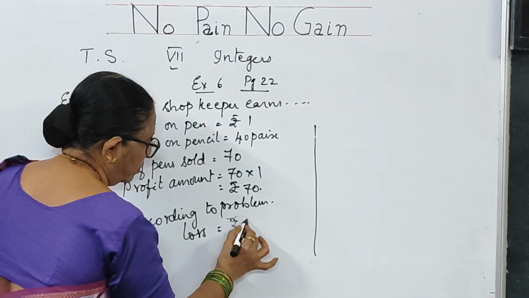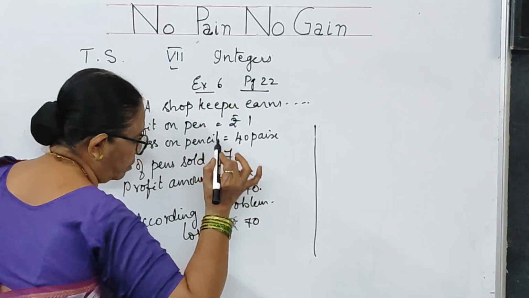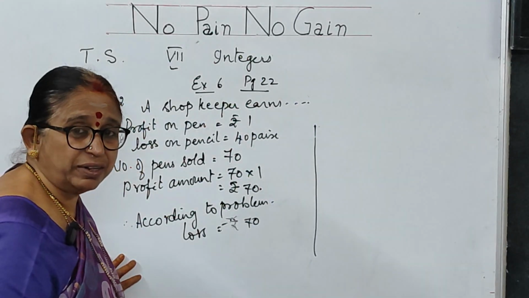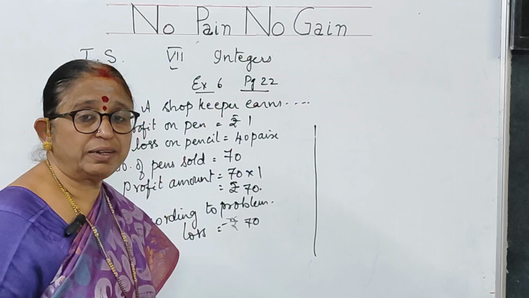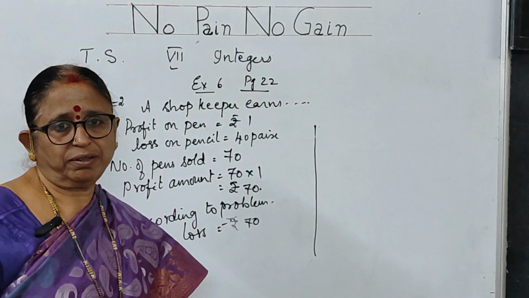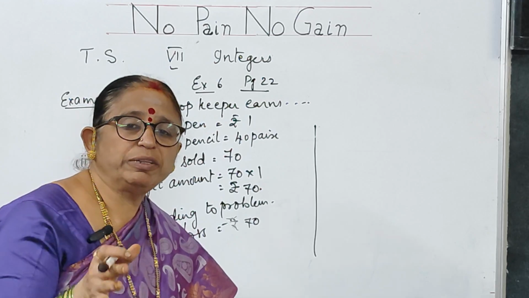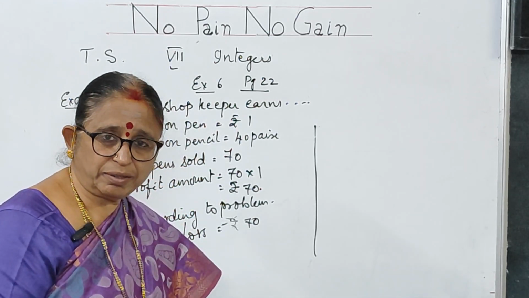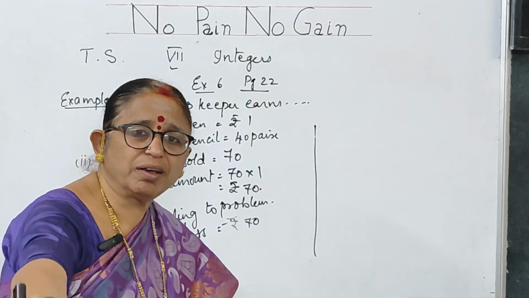So since it is loss, you will write it as minus 70. Are you understanding, children? They said that there is no profit, no loss. Means what? The amount they got in selling the pens, the same amount she lost while selling the pencils.